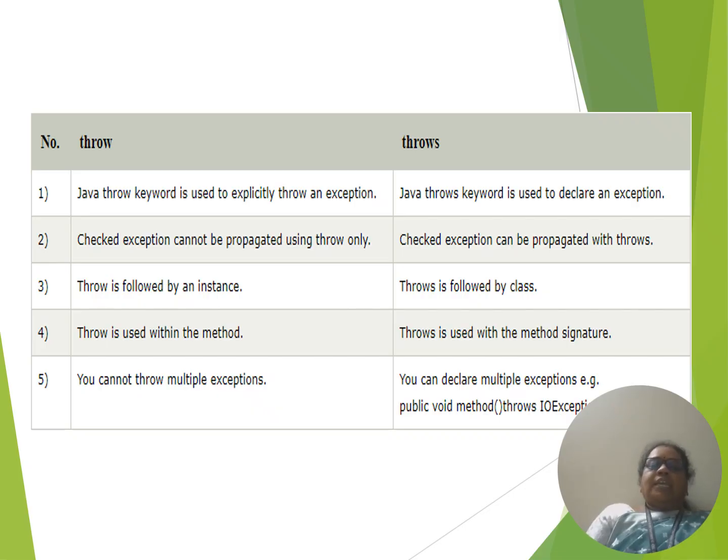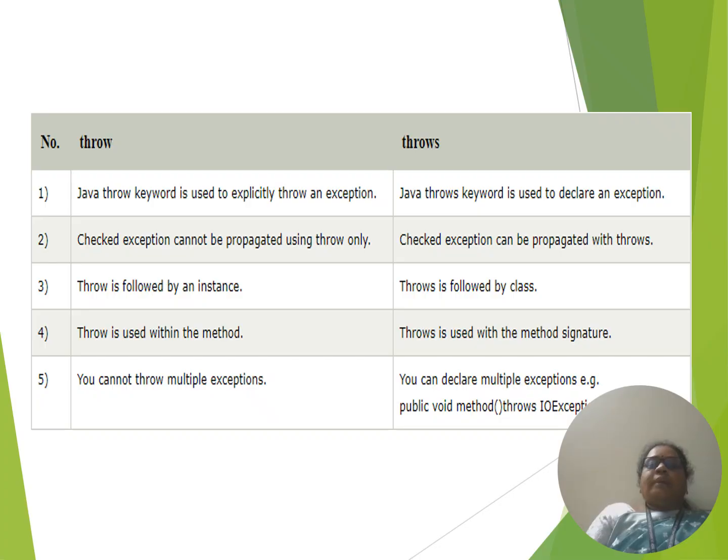Checked exceptions cannot be propagated using throw only. We already know that the throws keyword is used to handle checked exceptions, while unchecked exceptions are used with the throw keyword.